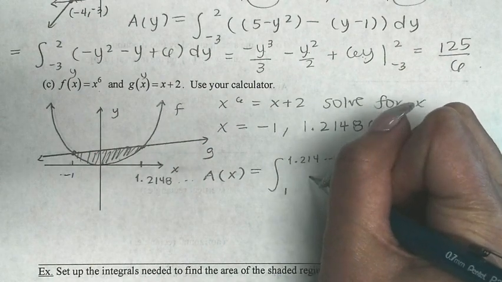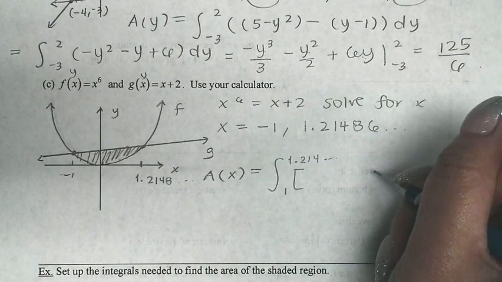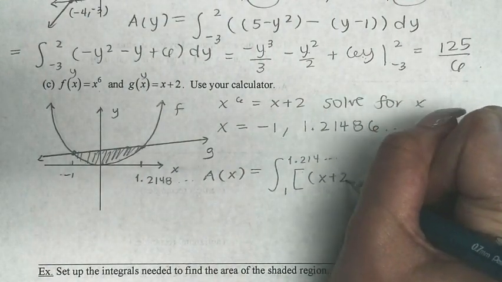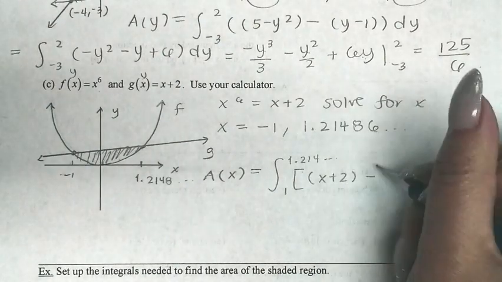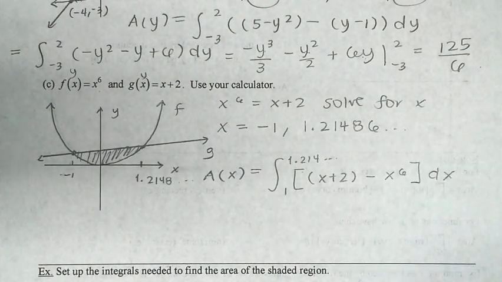The equations here are going to be top, which is g of x, x plus 2, minus x to the power 6, dx. At this point, what are you going to do? You're going to plug this in the calculator.